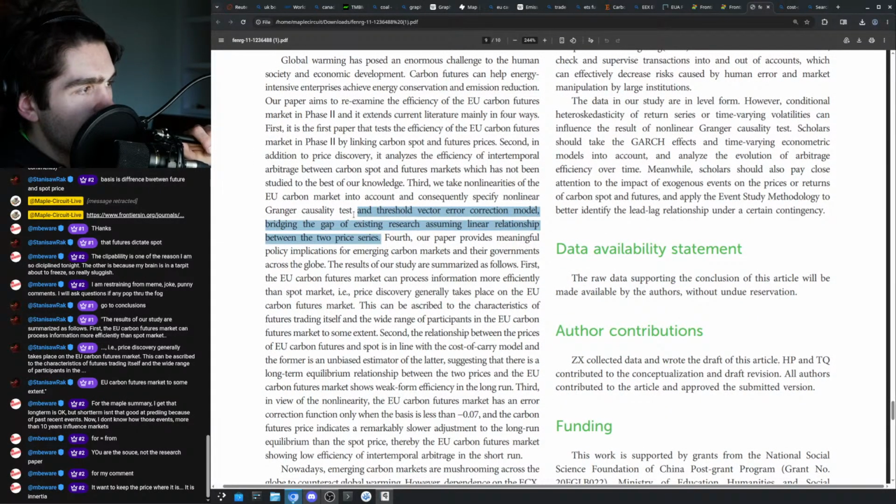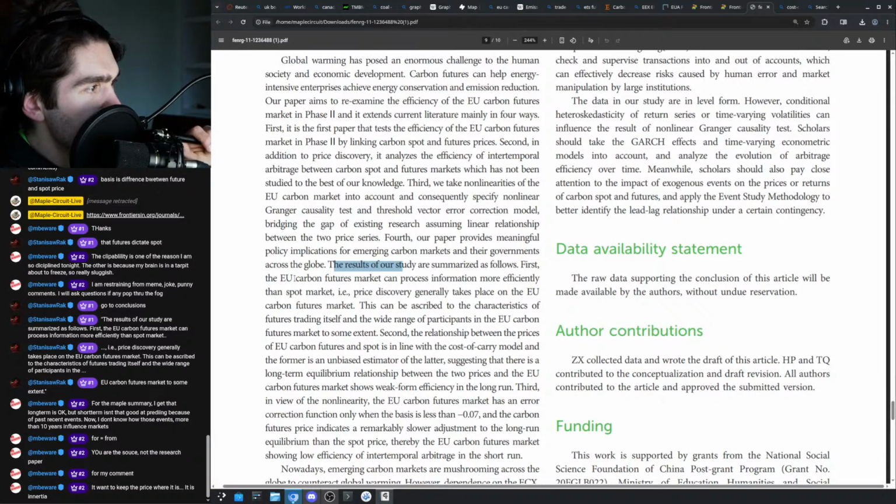I have no clue what this means. I'm just going to assume that they're saying we're doing fancy stuff. Fourth, our paper provides meaningful policy implication for emerging carbon markets and their government across the globe. The result of our studies are summarized as follows.